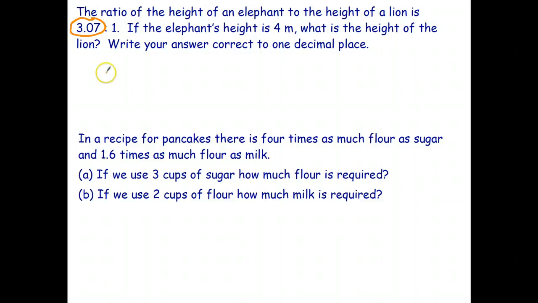Well, we start with the 4, which is the height of the elephant. Now I'm going to have to either multiply or divide by 3.07. Now I'm trying to get the height of the lion, therefore I want a smaller number. And to get a smaller number, I have to divide.